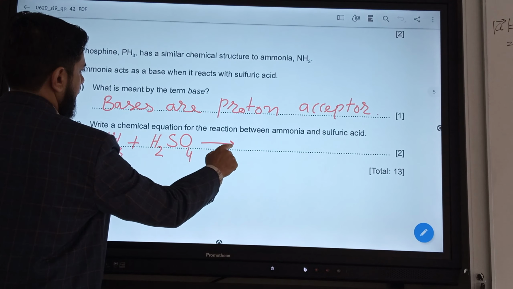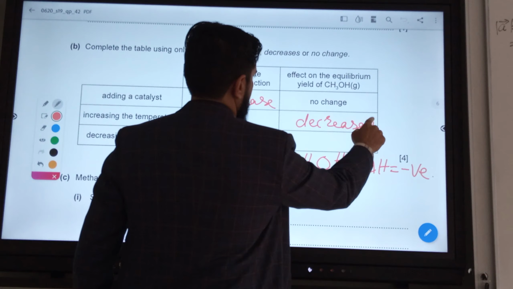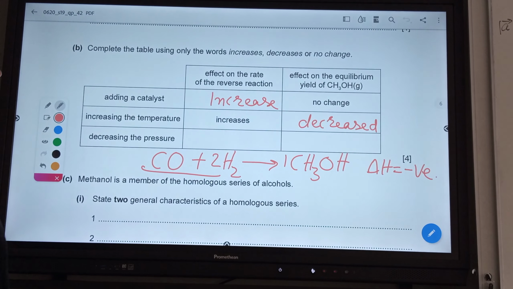Now keep that information in mind and complete the table. Adding a catalyst: remember, a catalyst always speeds up the chemical reaction, either forward or backward, so it will increase. Increasing the temperature, the rate of reaction increases. And what about the yield? When we increase the temperature, it always favors the endothermic reaction, which is the backward reaction. So we can say it decreases, as the reaction moves backward.